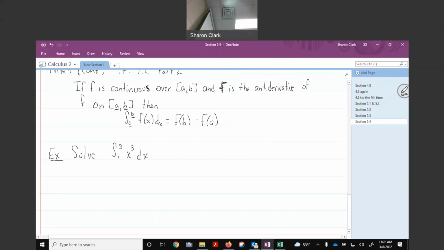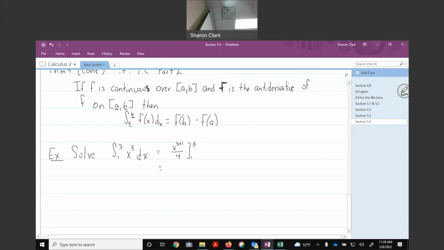Now, notice how this is the integral. We're not looking for the derivative. We're looking for the antiderivative. So we go x to the 3 plus 1 over 3 plus 1, which is 4, and we're going from 1 to 3. So that's x to the 4th.